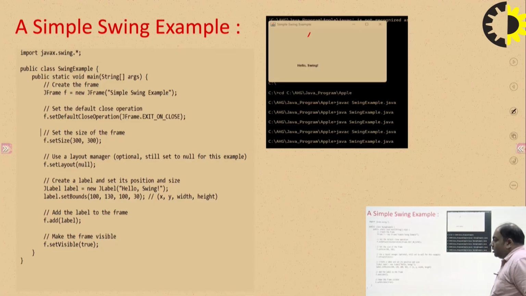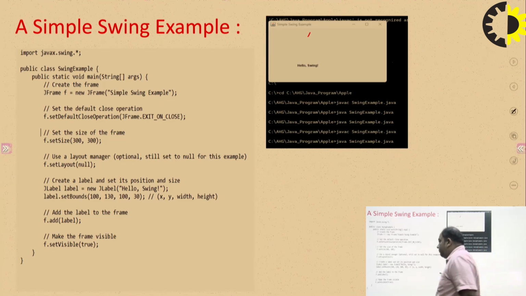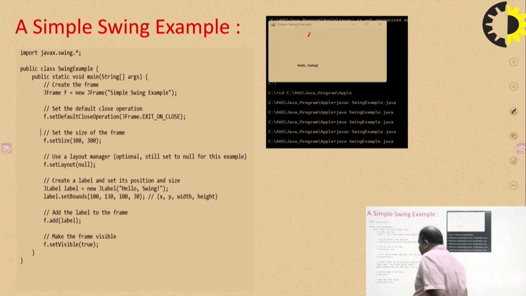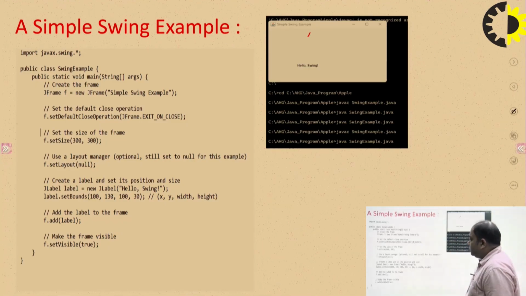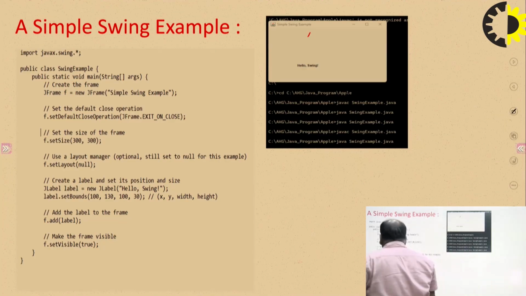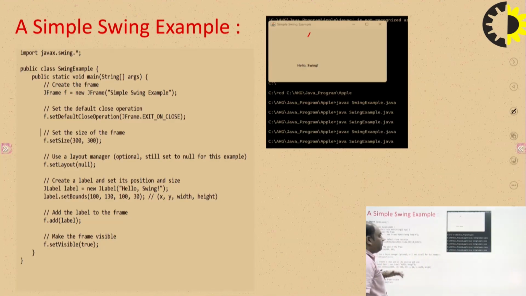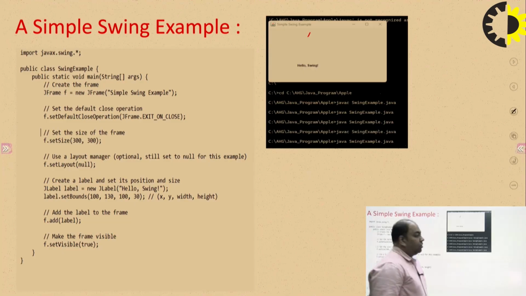When we define the label, we also add that label on the frame. After setting the layout and the size, we create a label, and in the label we write what we have to show on that Swing frame.